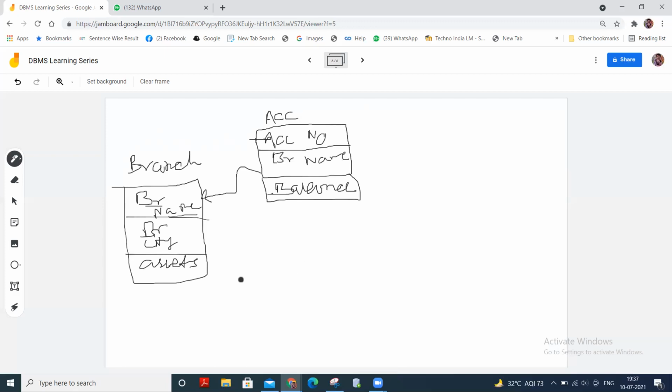So the next table can be loan. So loan number, then branch name, amount.